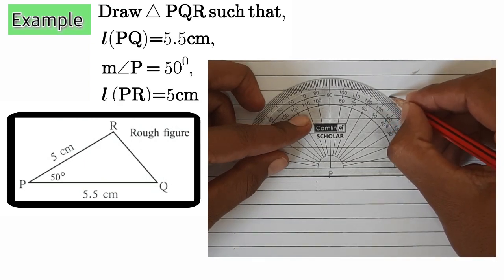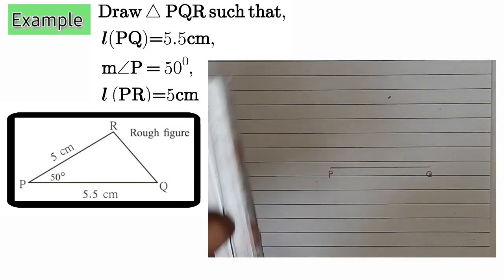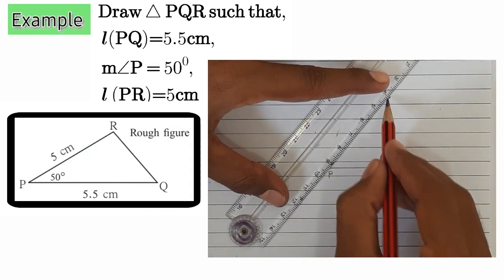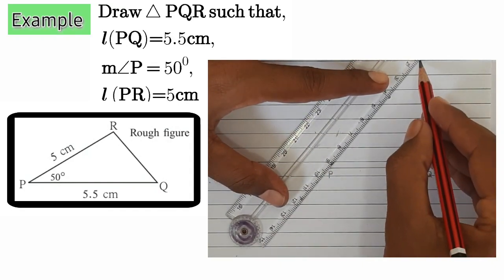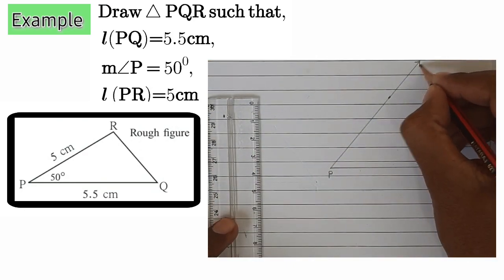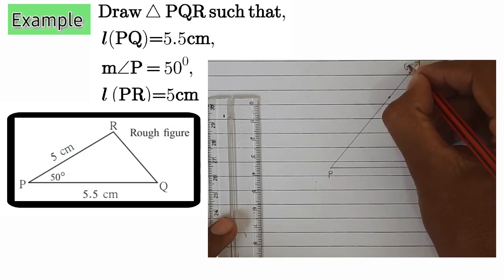Mark here. And using the scale, draw the ray. Take a point here on the ray and name it as G.